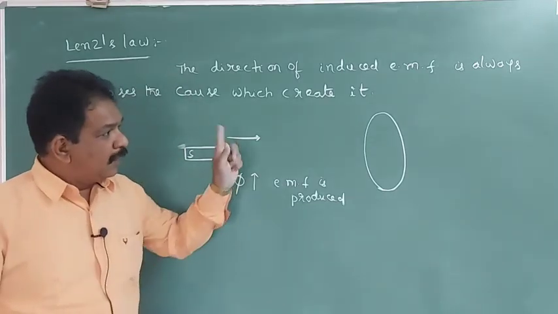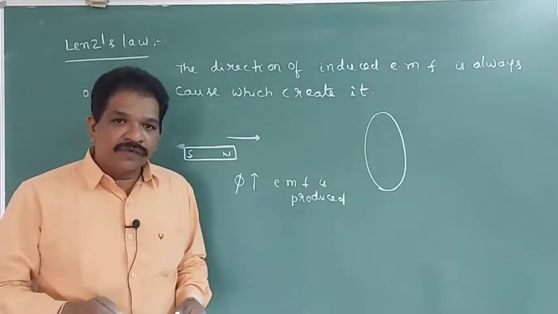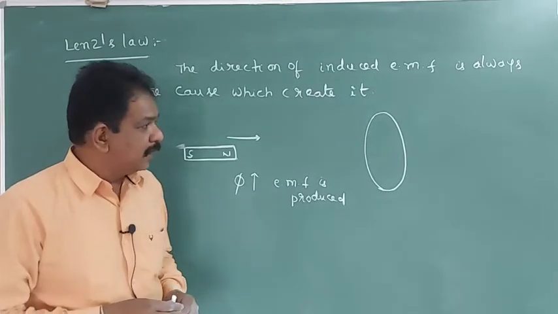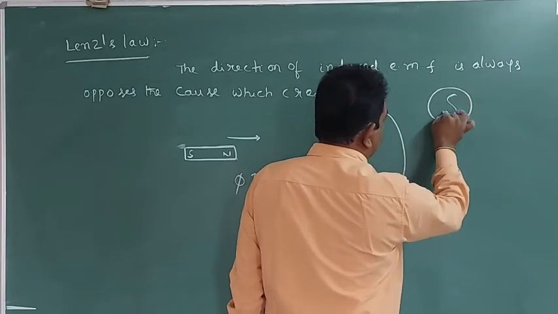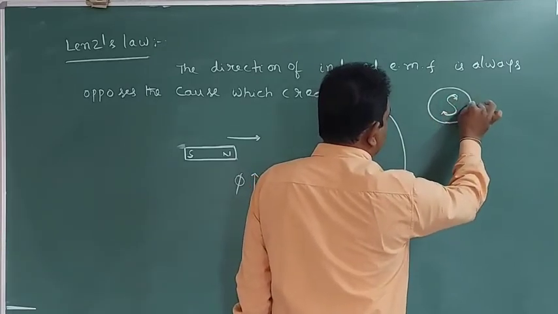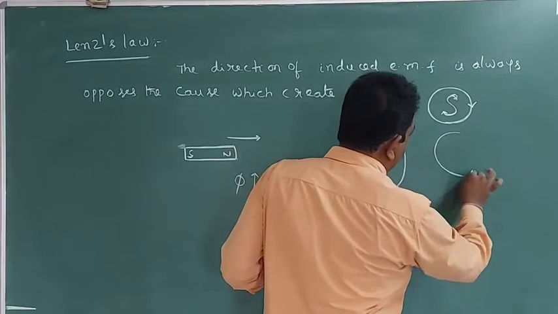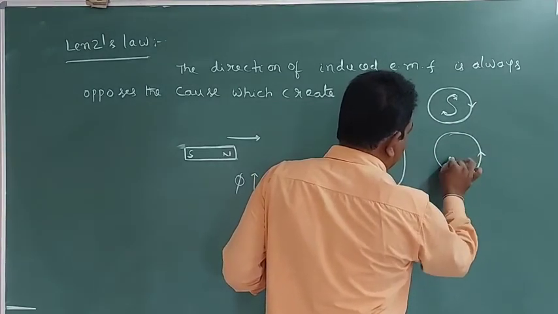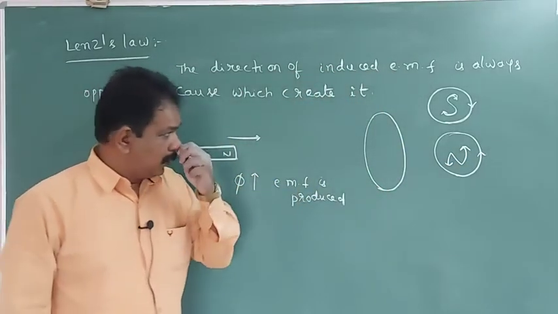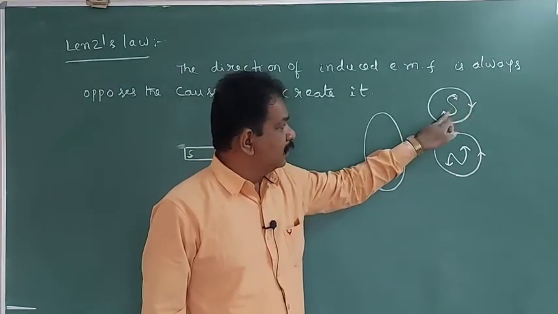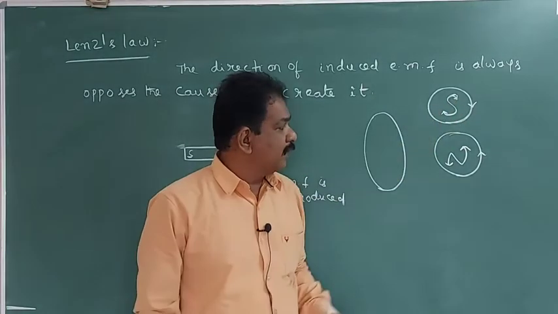Already in moving charges and magnetism you learned, when current is flowing in a coil in clockwise direction, it will behave as a south pole. When current is moving in a coil in anti-clockwise direction, it behaves like a north pole. Easy to remember: if current is in clockwise direction, write S, with arrows in clockwise direction.